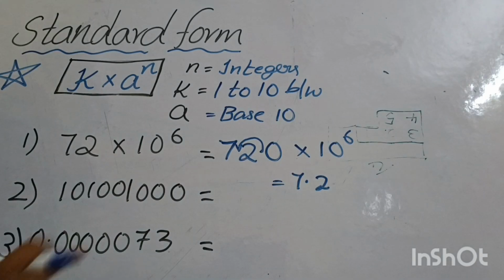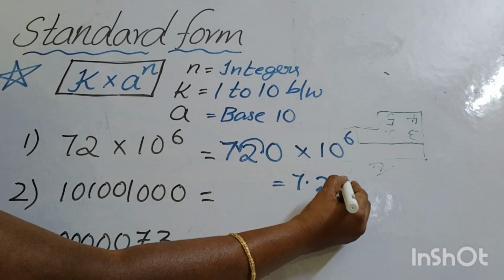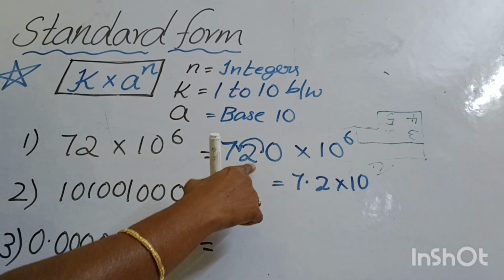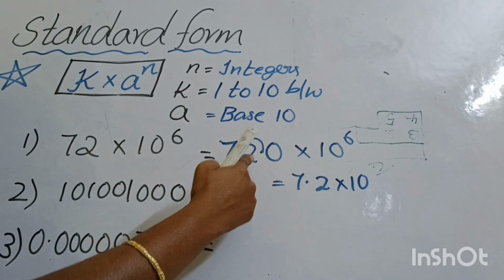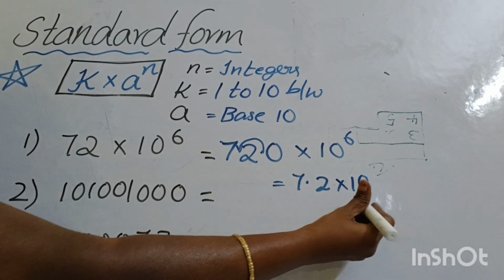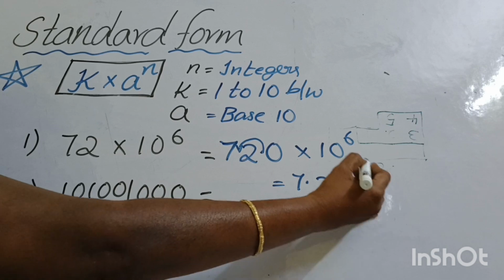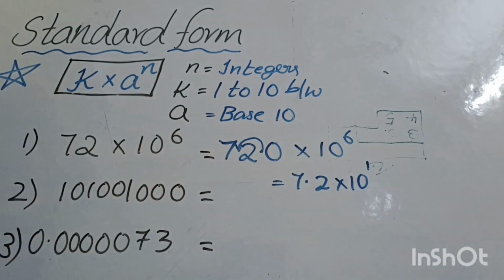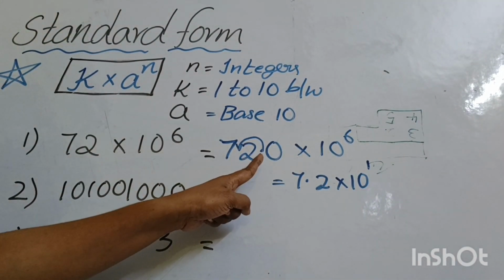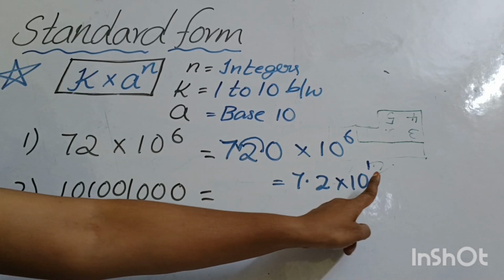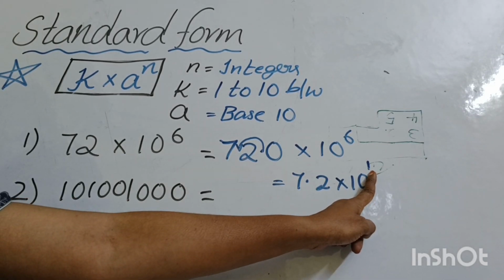How many steps am I moving, children? One step I am moving, right? That is what we have to write: how many steps you are moving, you have to express in terms of base 10. So 10 power 1, right? That too we are coming from right to left, that's why I am taking the power as positive. Clear?